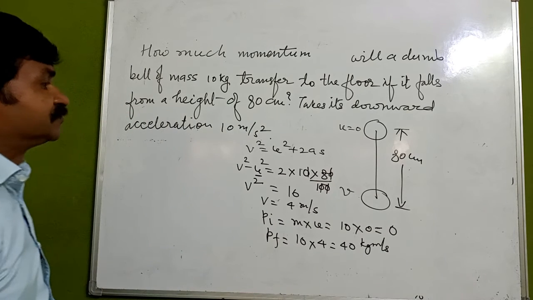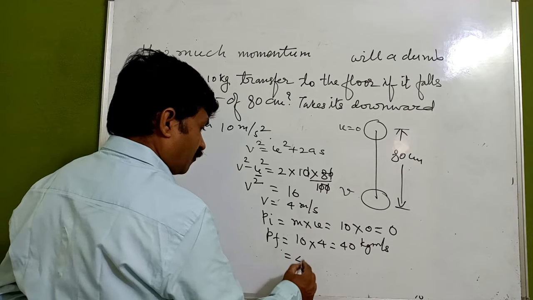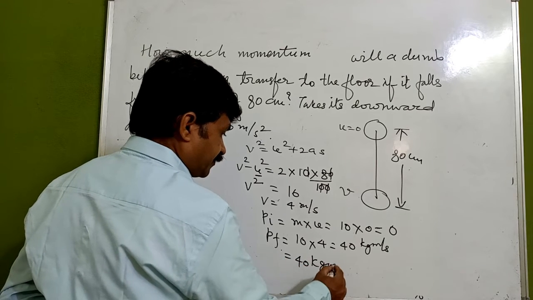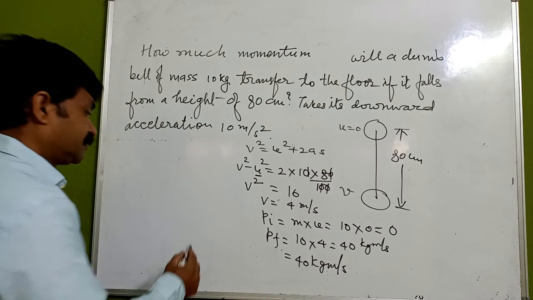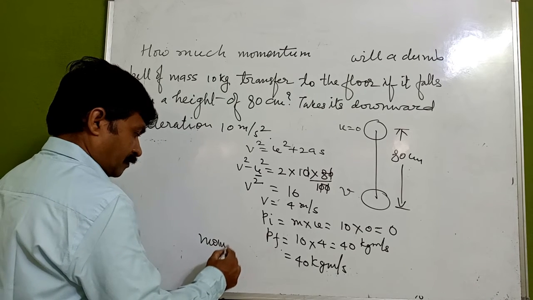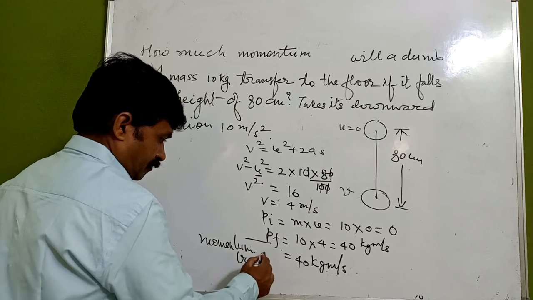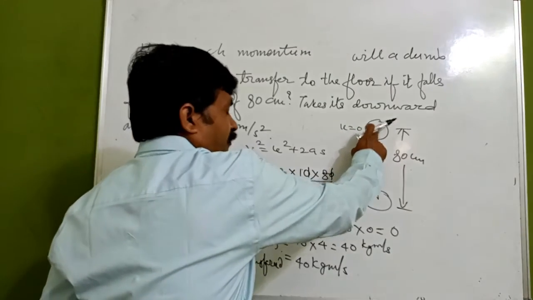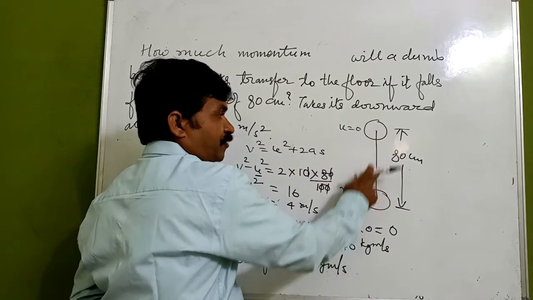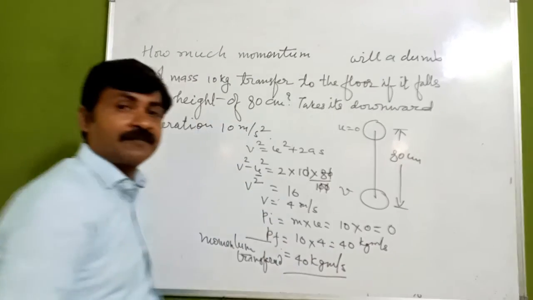So the momentum which is transferred is 40 kilogram meter per second. This is the momentum transferred, because here we have initial momentum 0 and the final momentum, so final momentum minus initial momentum is going to be 40 kilogram meter per second.